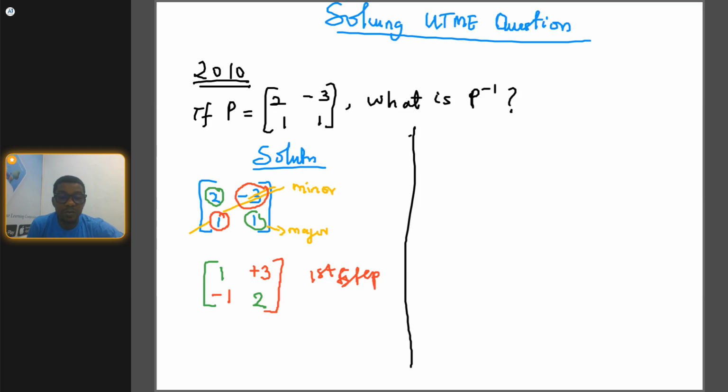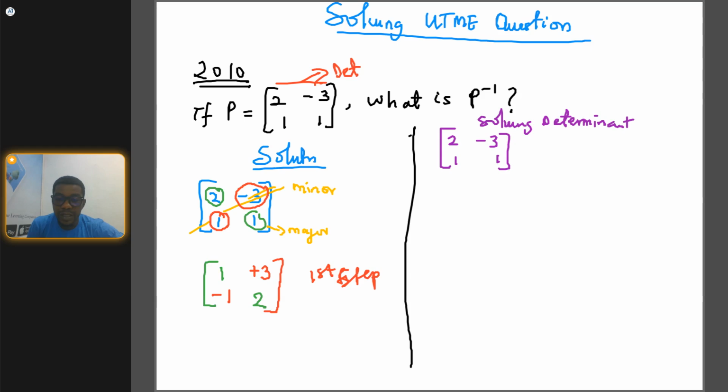The second step is to find the determinant of the original matrix given to you in the question. Let's go ahead to do that. Solving the determinant of (2, -3; 1, 1).